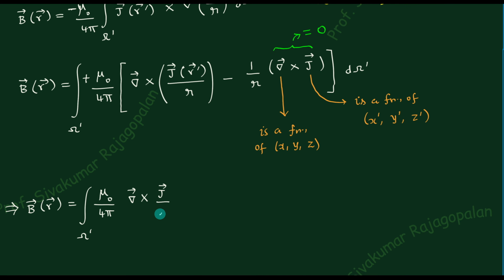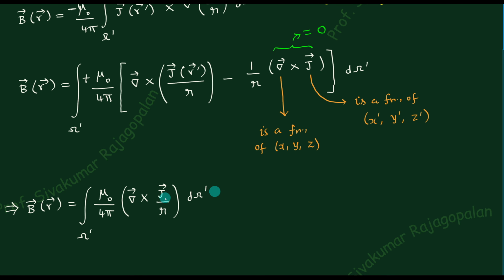Whether you write j of r prime or j by script r, it's all fine. The only thing that is clear here is that j means j of r prime. So remember, sometimes we write j, sometimes we write j of r prime, but whichever style you write, ultimately the meaning is that j is a function of r prime. So that should be clear.